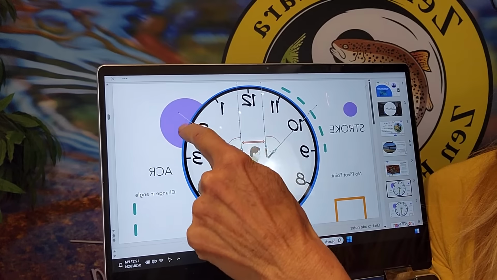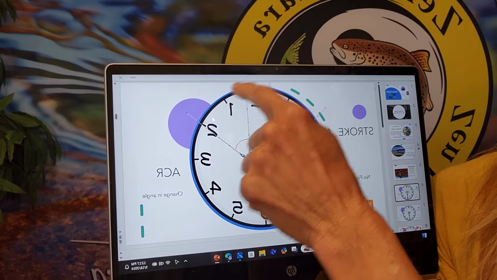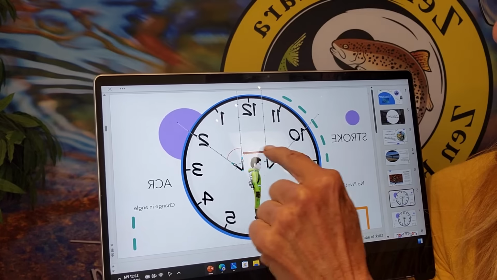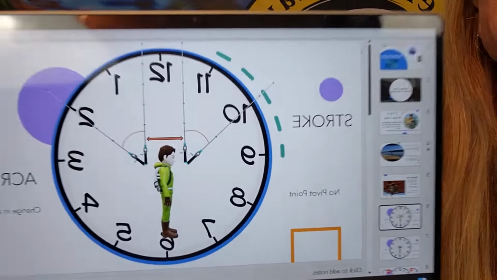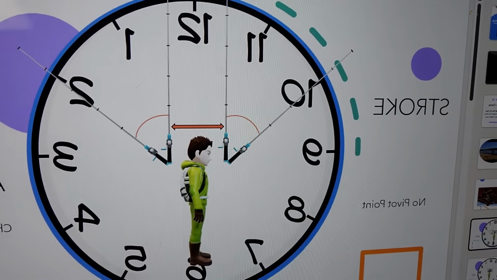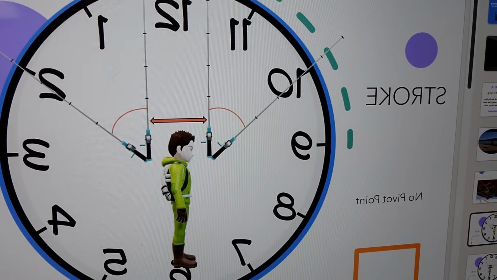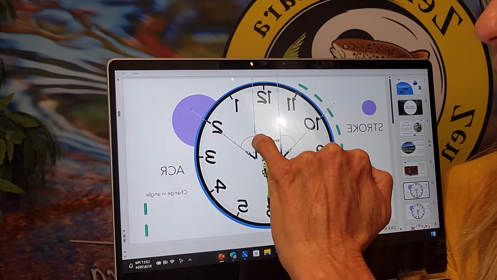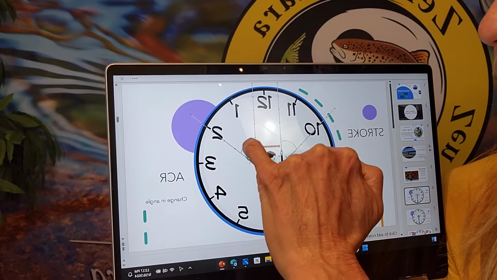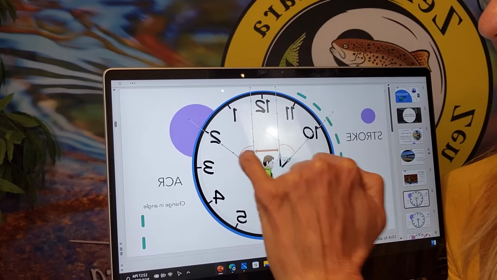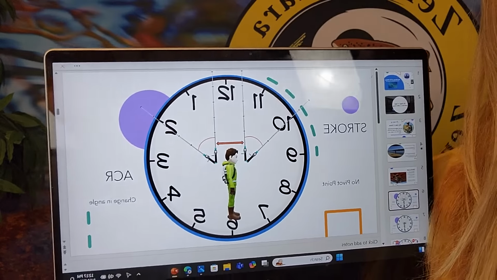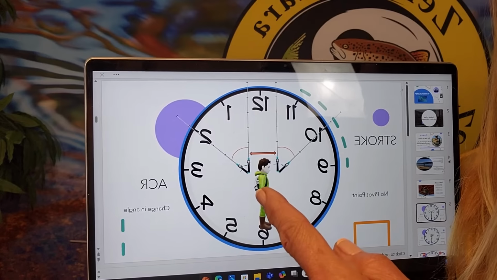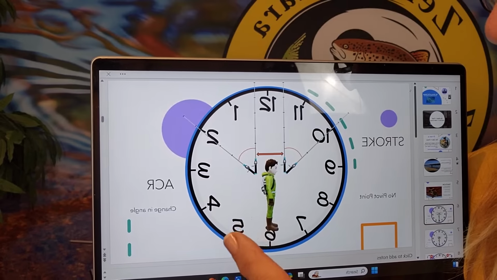So it isn't this distance up here. It's the change. This is your stroke, which actually should be horizontal. And the arc that you make is really more about the angle change in your rod that takes place once you've done the stroke. Okay?